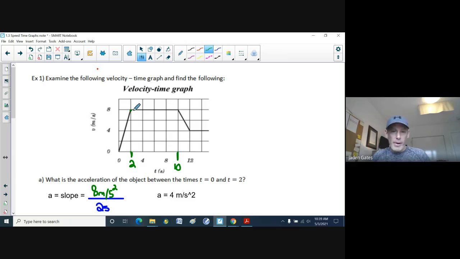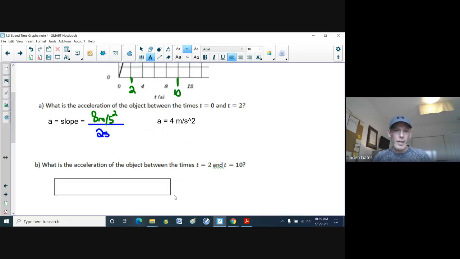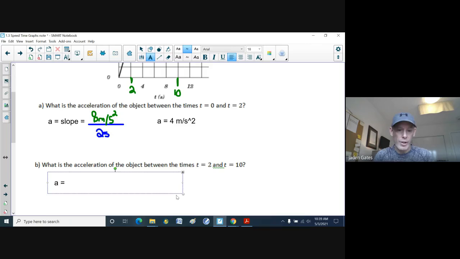Now, I look at my line here and it's a flat line, totally flat. So you either have negative or positive slope. It's not going uphill or downhill. And so in this case, our acceleration, which is equal to slope, well, if you got yourself a flat line, it's 0, right?